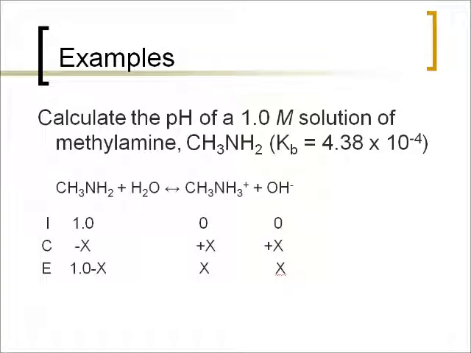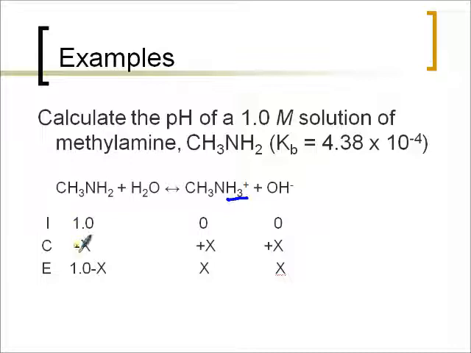Okay, so for this problem, the first part is to set it up. So CH3NH2, methylamine, plus water produces a CH3NH3 ion, positive, because it took an H off the water, and it produces a hydroxide ion. So make sure you write it correctly. The initial is 1 molar, so I ICEd it.